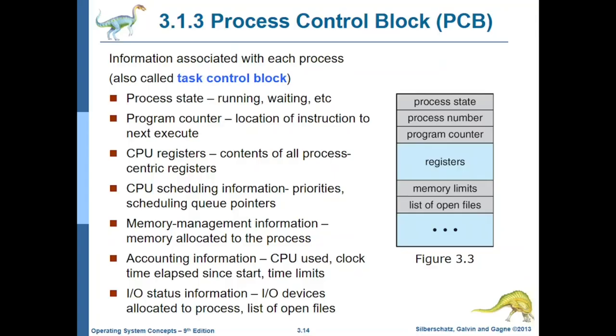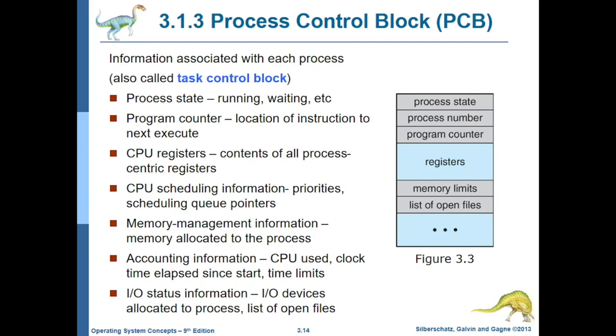This section explains what is process control block, or PCB, and what information it contains. A PCB is a data structure that stores information about a process, such as its state, program counter, register, memory limit, list of open files, and so on.